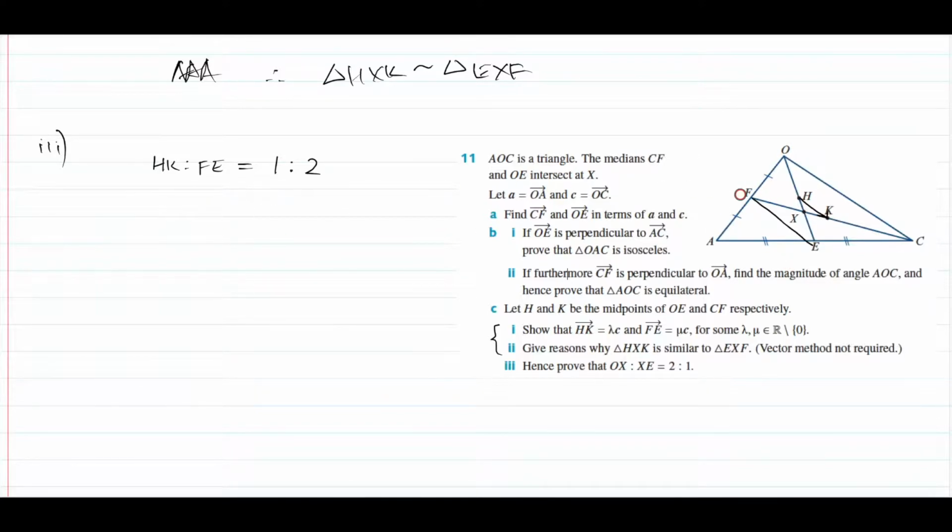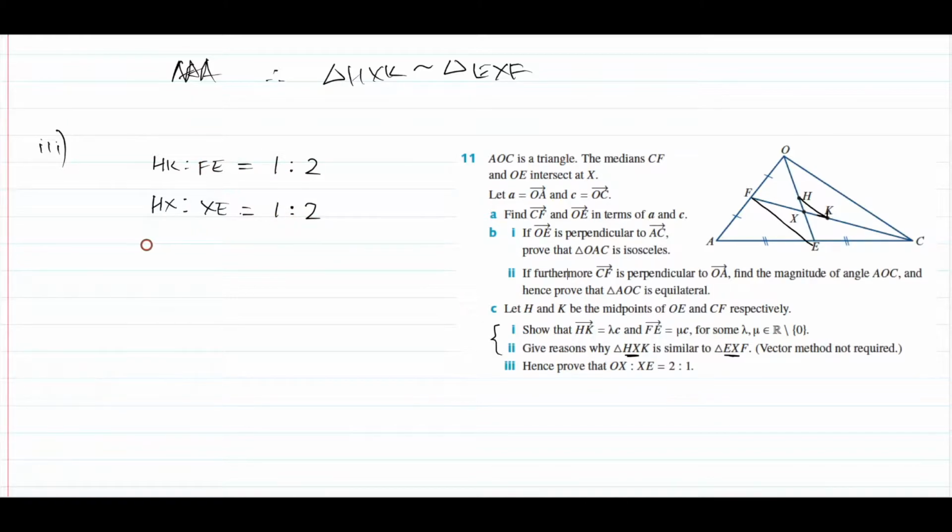And because these two triangles are similar, using part double I, we can also say that HX, so H to X right here, with a ratio to X to E, they are the similar sides. Here's a nifty trick: HX, the first two letters, the similar side would be EX. So XK would be similar to XF, EF would be similar to HK, right? And that would also have the ratio 1:2.